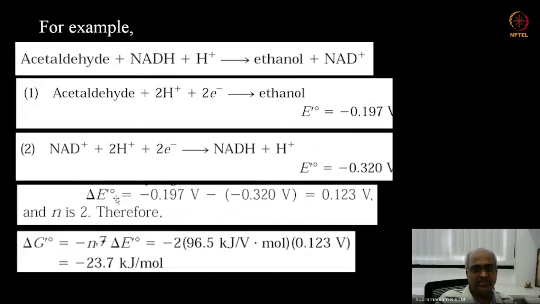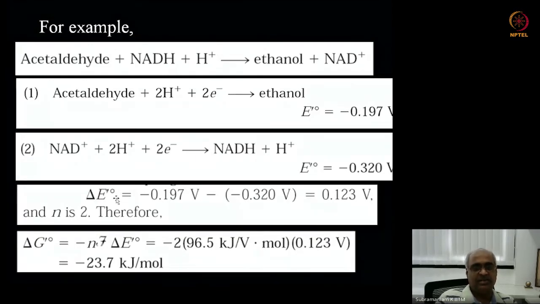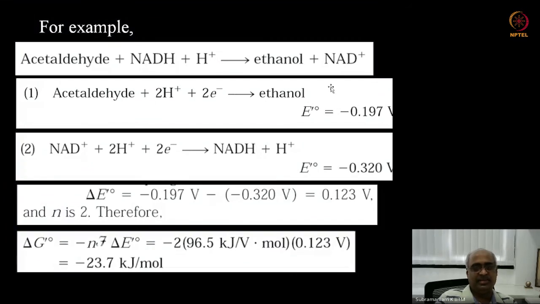We take the one that has the high affinity for electrons, the acceptor, and that is acetaldehyde here, and from that we subtract this. This is negative, this is also negative, so you end up getting plus 0.123 volt.